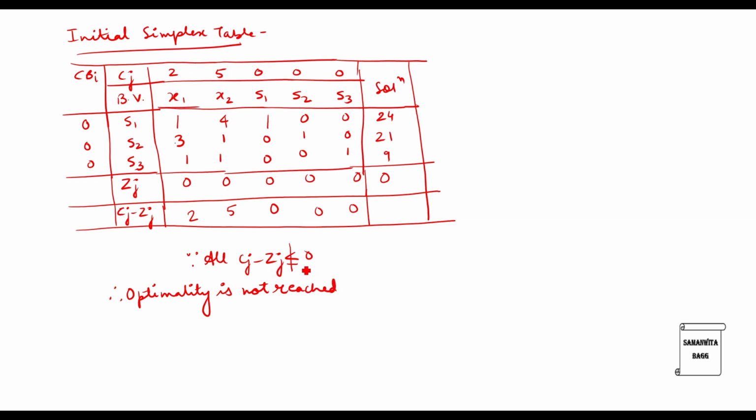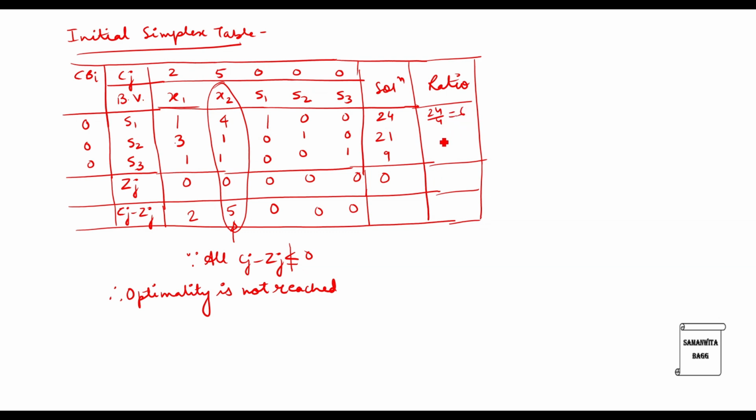If optimality is not reached, then who is the one to be taken care of? We will start with the positive values. There are two of them, 2 and 5. We will consider the maximum one. So here it is x2 which is now going to enter the solution. And who will leave the solution? For that, we will find another column value, that is of ratio. We will divide 24 by 4.